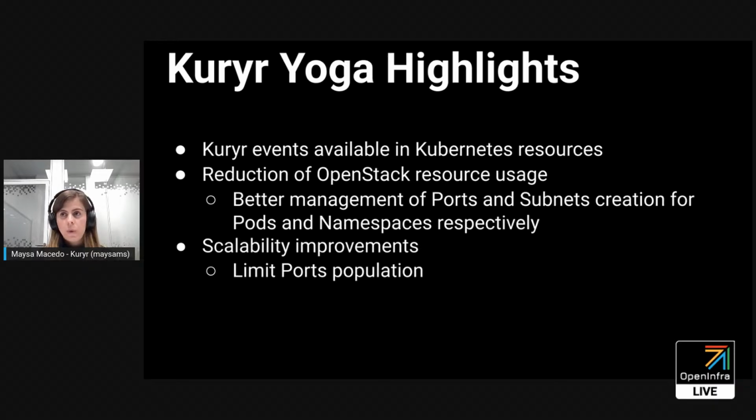So in this sense, we analyzed it and we discovered certain fronts where we could reduce the amount of resources that we use from OpenStack and reduce the workload that we put, especially on Neutron.